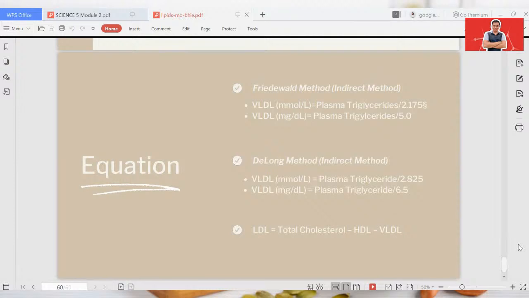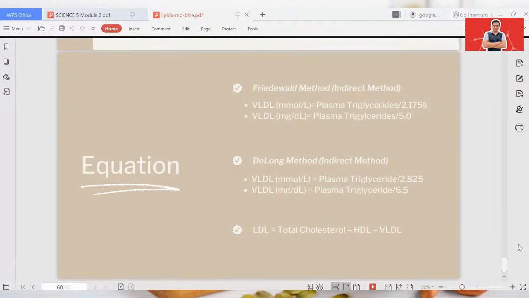Then, to be applied in the Friedewald formula, the measurements of total cholesterol, HDL-C, and TG or triglyceride must be in mg per dL. The estimation differs and was not performed for the millimole per liter measurements. So the Friedewald method became the standard method for LDL-C assessment because it is economical and simpler than direct assays.